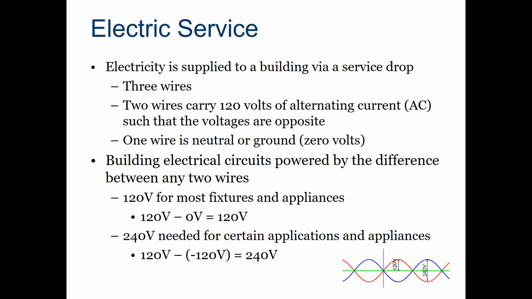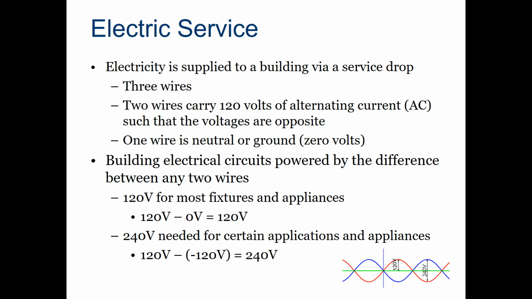So, like I said before, electricity is supplied into a building via what's called a service drop. Sometimes that is literally hanging in the air outside of a building, and you can see wires going onto near the roof of a building and then traveling down the wall. In most modern applications, they try to bury it underground, so it would come into the house underground.